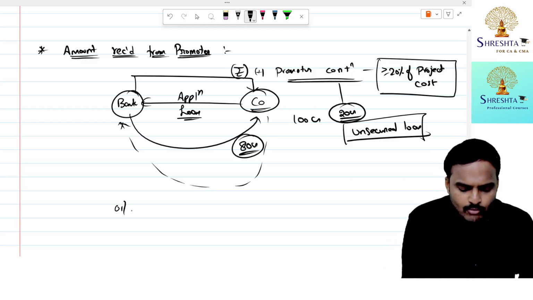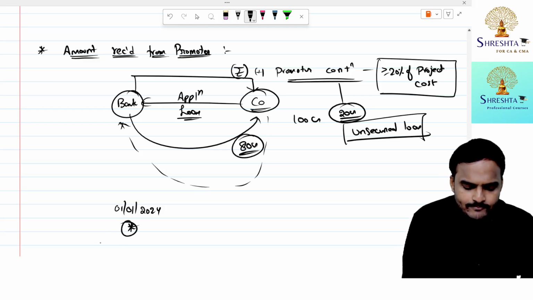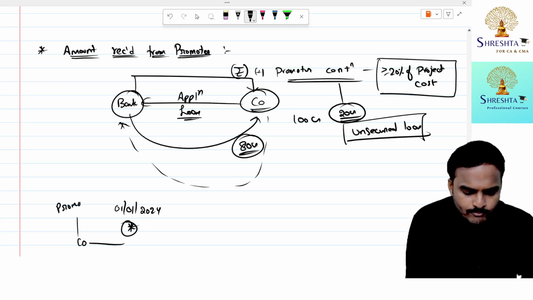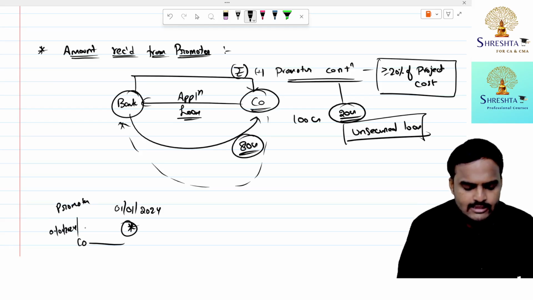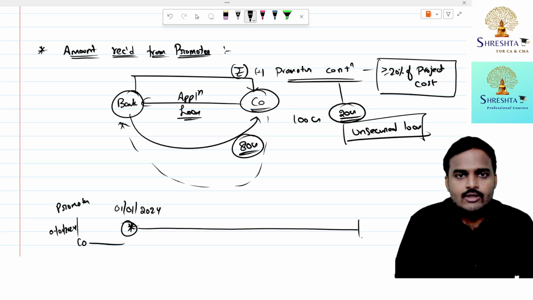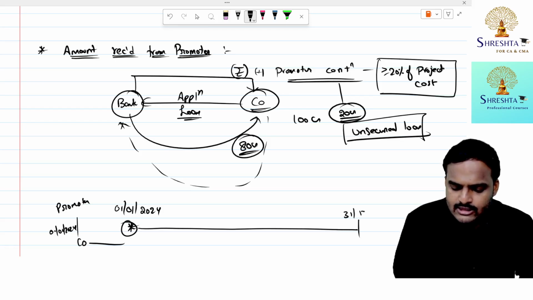Suppose company borrowed money from bank on 1st January 2024. Same day, company received amount from promoter also. Understood? On 1st January 2024 itself. Now, company is paying loan amounts to the banks. So company cleared this loan amount by 31st December 2029.